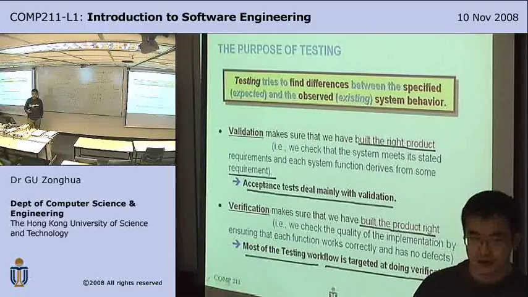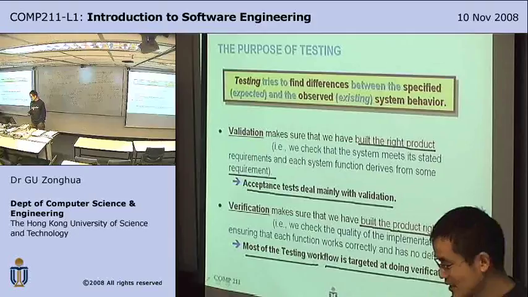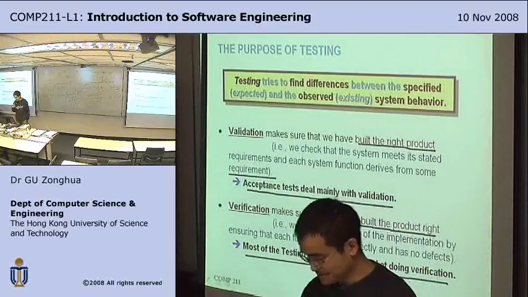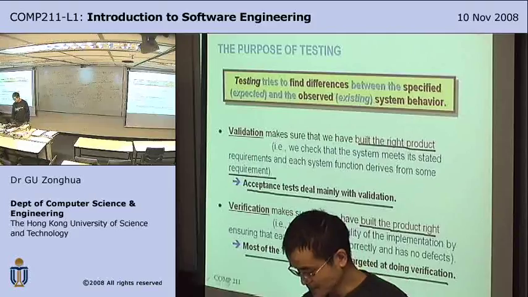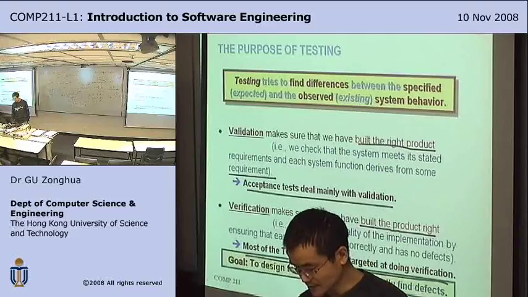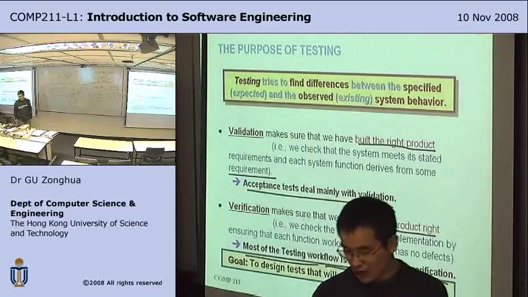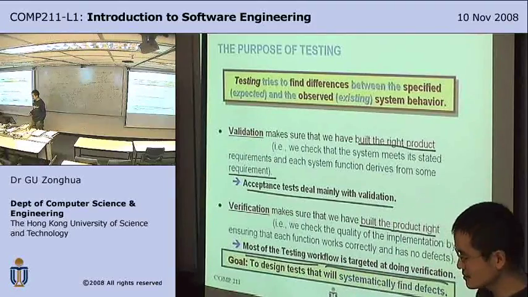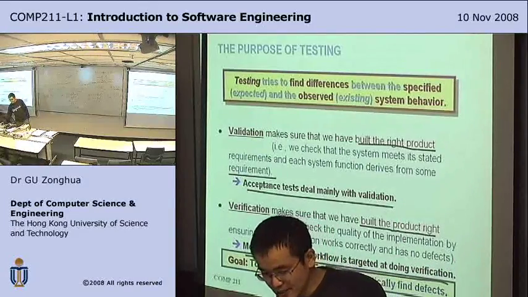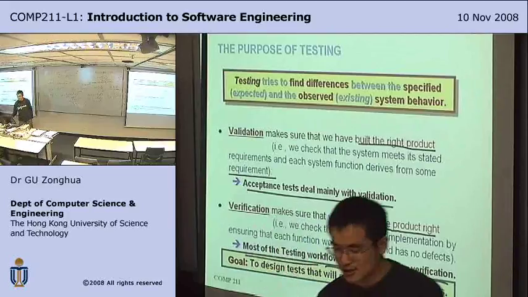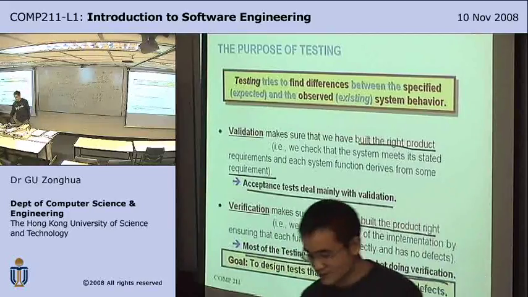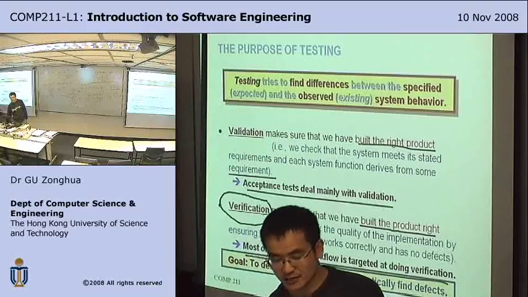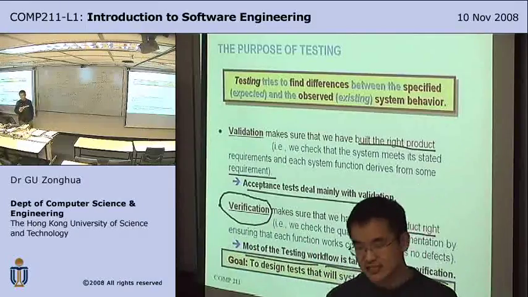That is, to detect bugs and to improve the reliability and robustness of the system. So the goal is to design tests that will systematically find defects. So we discussed acceptance tests earlier in the requirements lecture. So in this chapter, we're mainly focusing on verification testing. That is to identify defects and fix bugs.